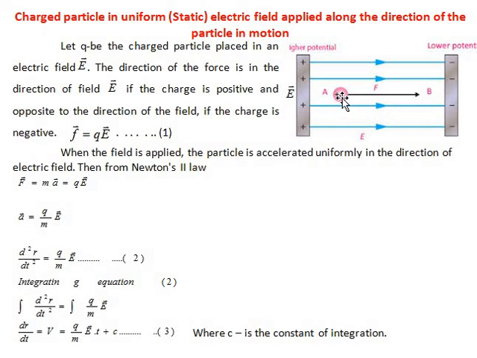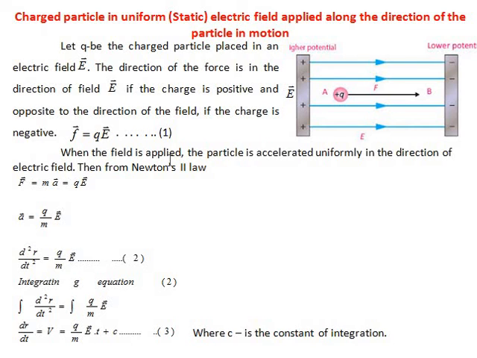Suppose this particle is negatively charged, so in this case the force is acting towards the positively charged plate. Okay, so therefore force is equal to charge into electric field.